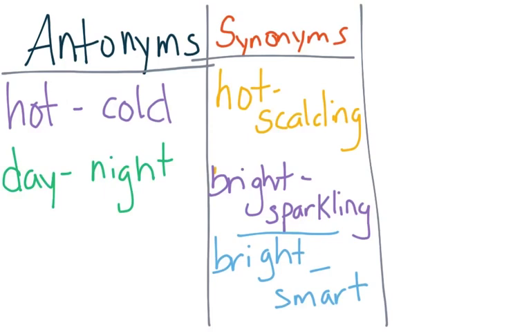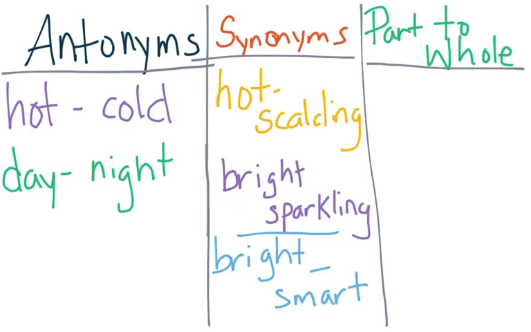Another way that you can compare two words or see how they're related is to also look and see if they are part to whole. When we have things that are compared in a way that is part to whole, you see a small part of something that is larger. So maybe we have finger, which would be a part of your hand.